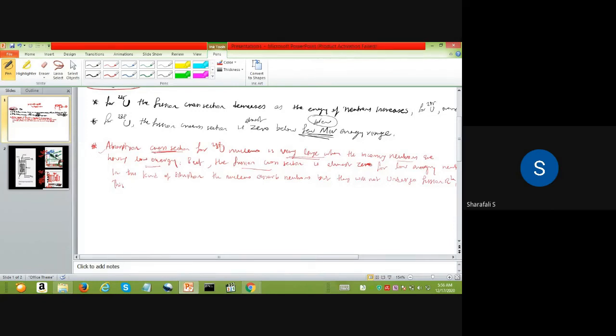This phenomenon is known as radiative capture.